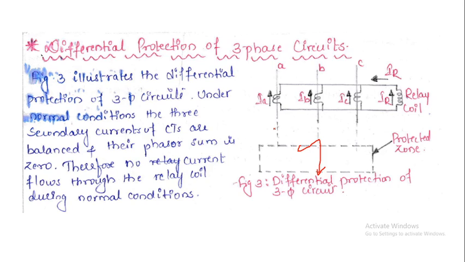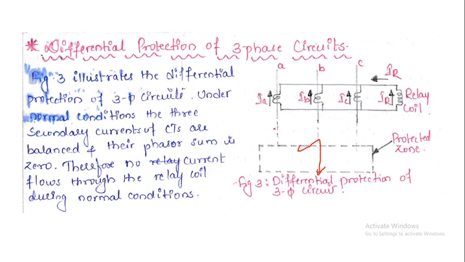When this IR exceeds a predetermined value set by the relay, automatically the relay is going to operate. So this is the differential protection of a three-phase circuit. As and when there is a fault or a disturbance in the circuit, the balanced condition is going to be hampered.